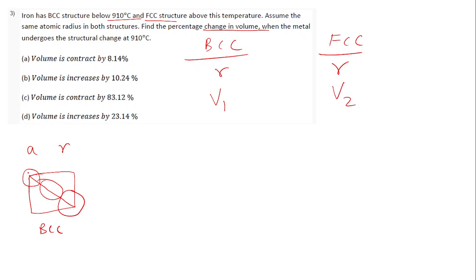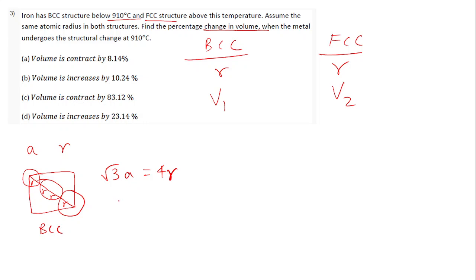The length of the body diagonal is root 3 times a, and this is R, this is 2R, this is R. So this is equal to 4R. In BCC, the atoms on the body diagonal are touching. So we find out the relation between lattice constant and radius of atom by this. This is the relation for BCC.